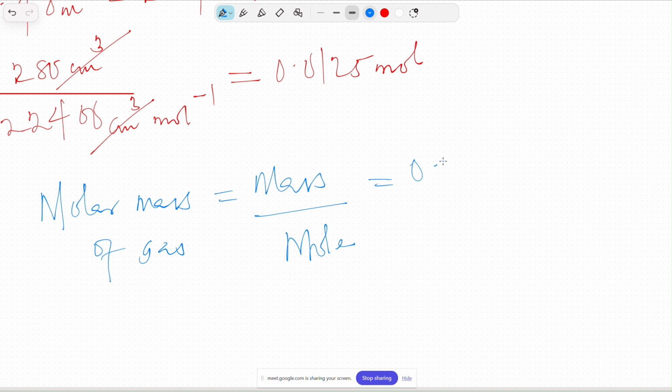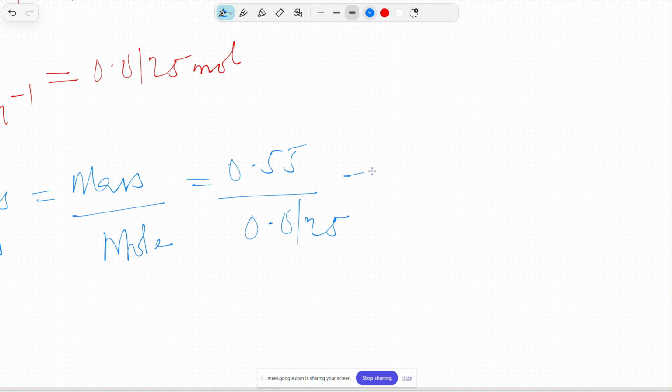So you have 0.55 divided by 0.0125. When you solve for this, what do you have, people? What will be our value? 44.